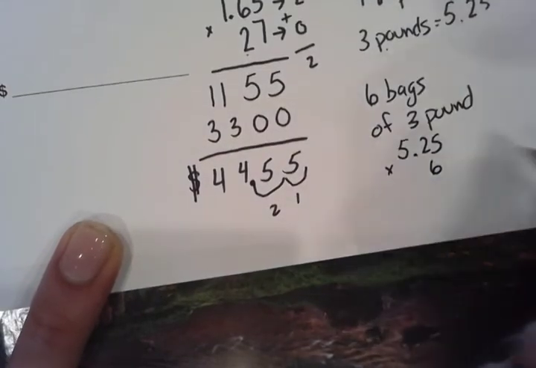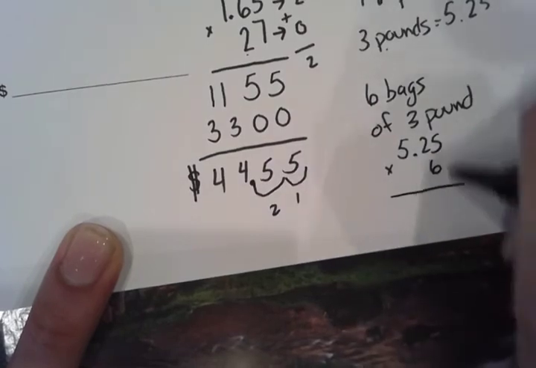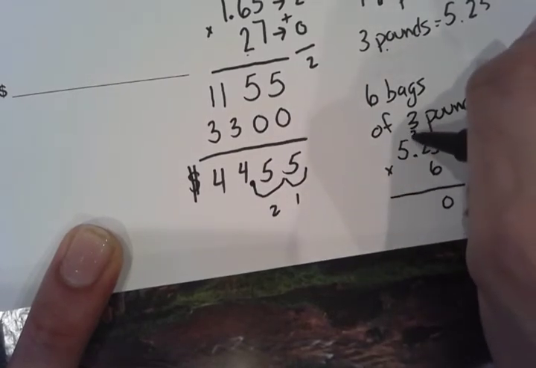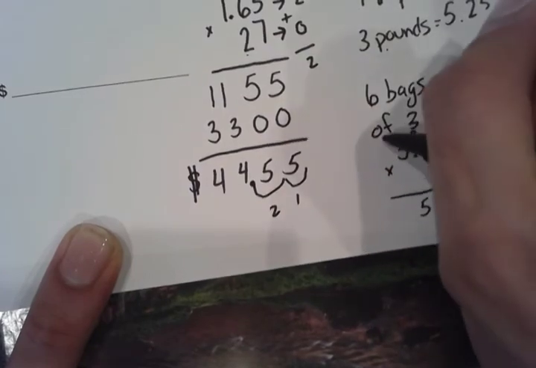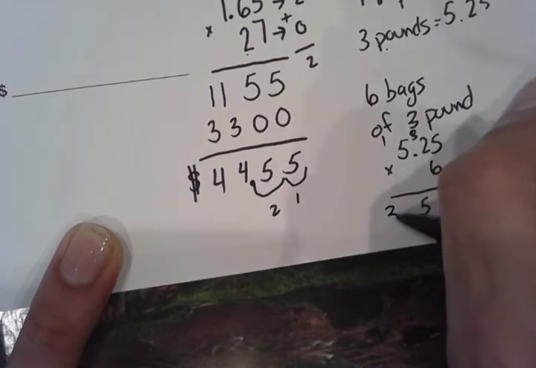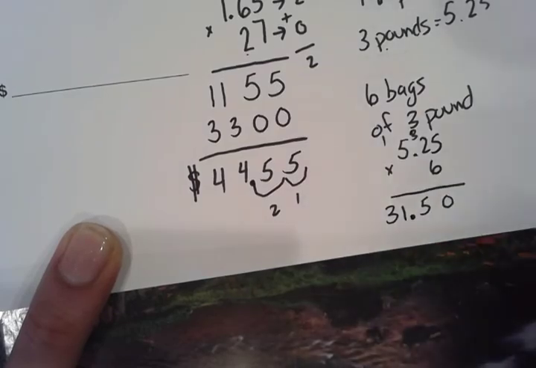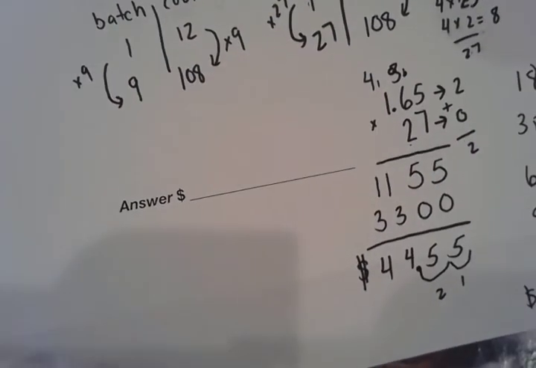Ms. Morales is running out of space over here. 6 times 5 is 30. Put the 3. 6 times 2 is 12. Plus 3 is 15. 6 times 5 is 30 plus 1, 31.50.